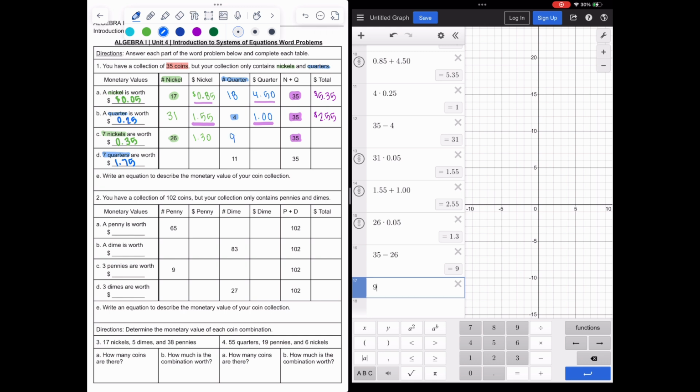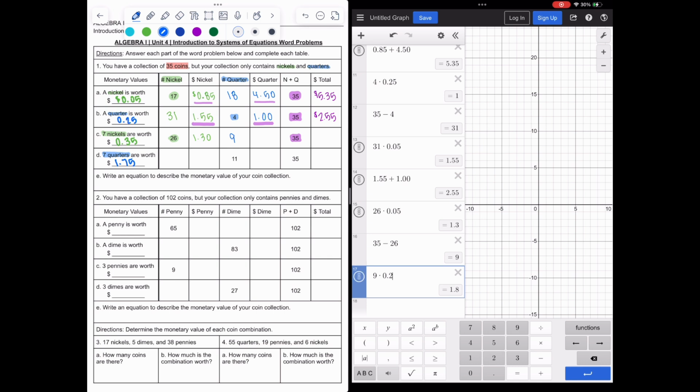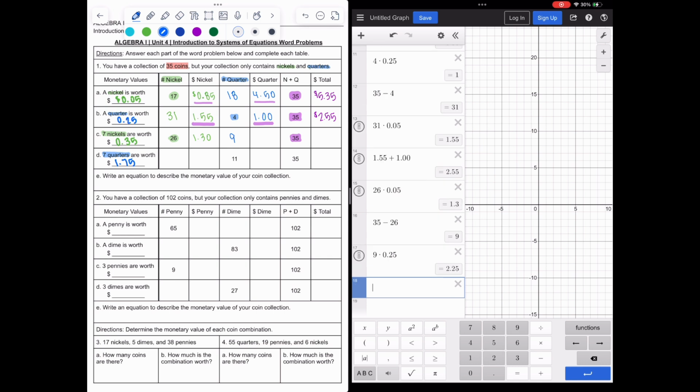I know that each quarter has a worth of 25 cents, so 9 quarters have a monetary value of $2.25. This allows me to complete the third row of this table, comparing all of our different sets of coin combinations, even though they're always 35 coins.